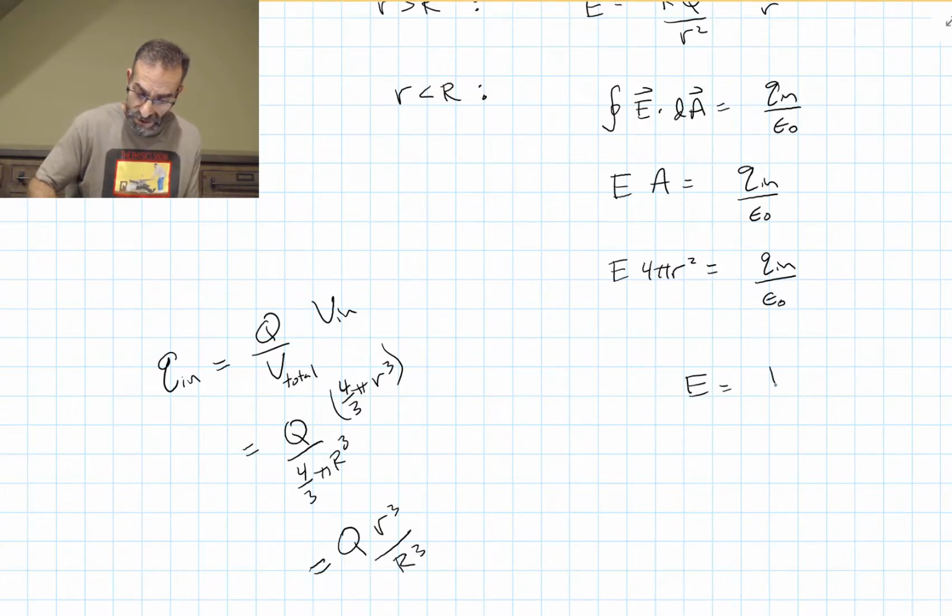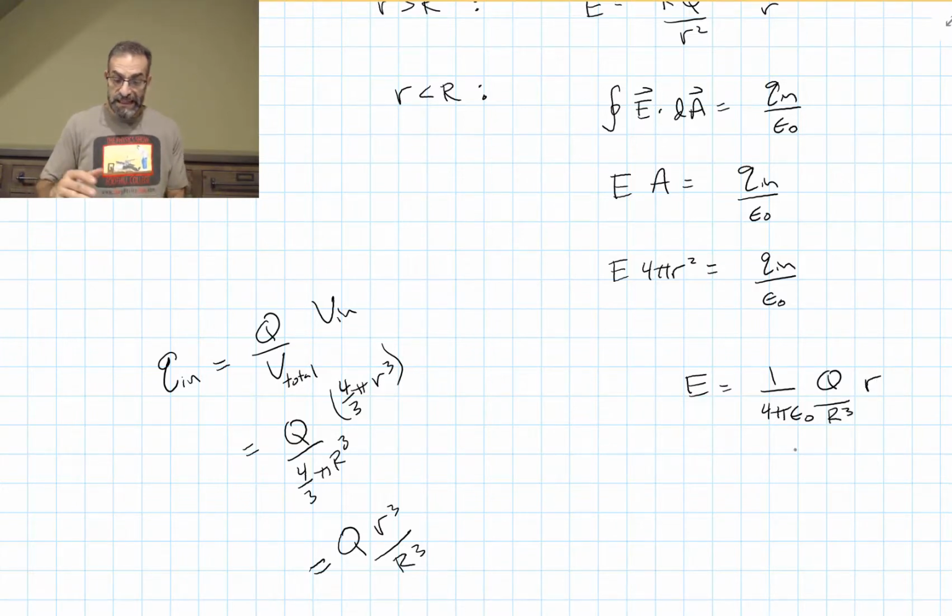So we end up with the electric field, 1 over 4 pi epsilon naught, q over r cubed times r.